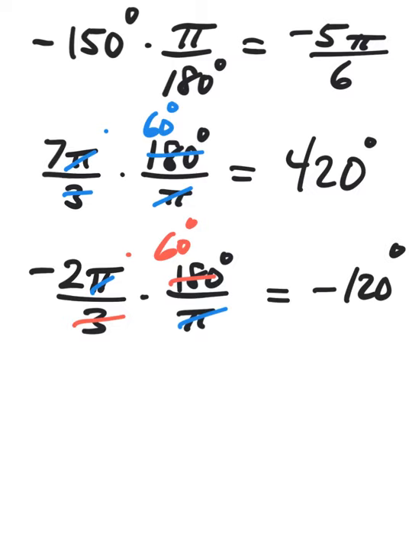Okay, so let's do one more, and this will just give you an idea of a radian. Let's do 1 radian, and we're going to convert that to degrees.